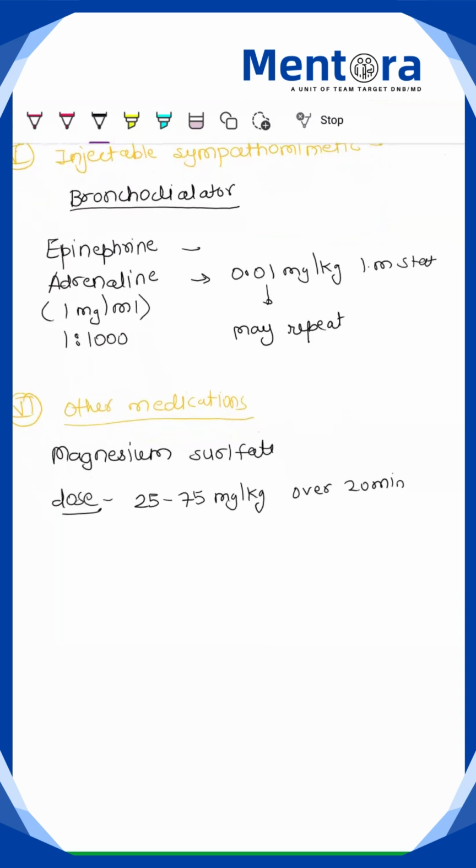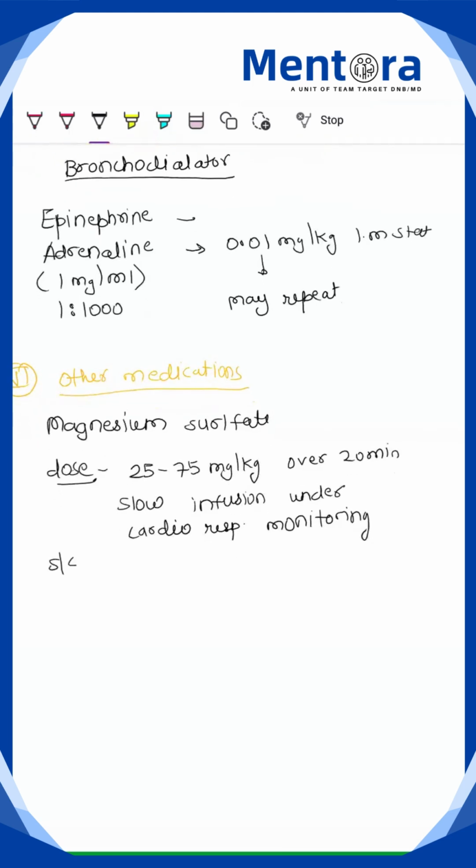Magnesium sulfate should be given as slow IV infusion, under cardiorespiratory monitoring, because it has serious side effects. They can cause flushing, hypotension, headache.